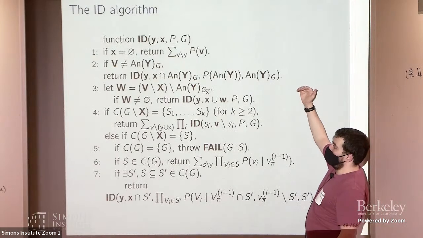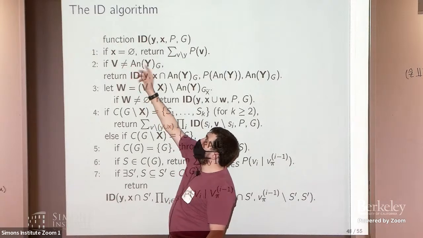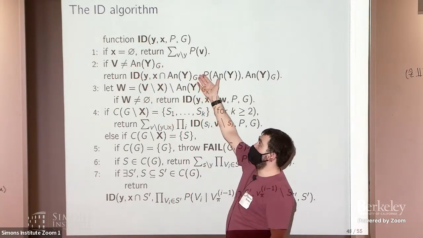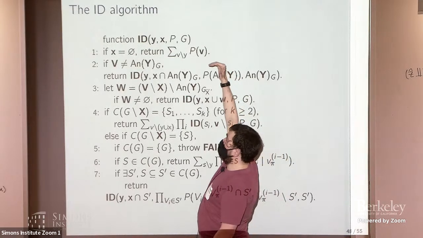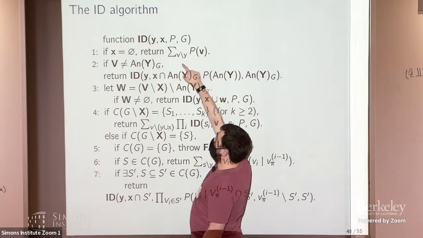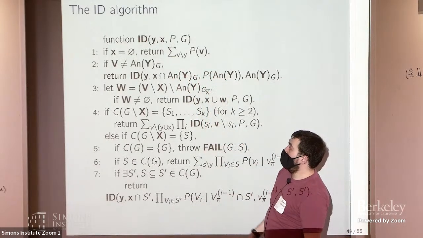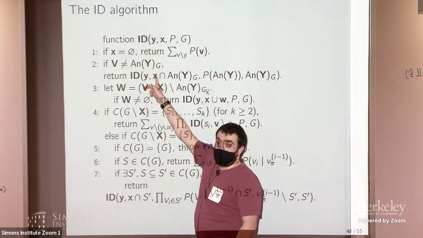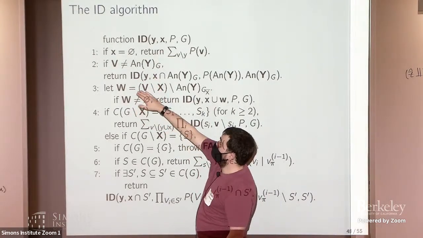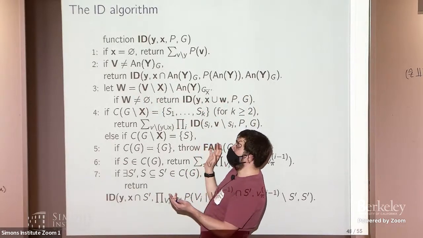If you're no longer intervening on anything, then it's just the marginal distribution on Y that you get by marginalizing out everything non-Y. If your vertex set contains stuff that is not in the ancestors of Y, then you just recurse, restricting things to just the ancestors of Y.